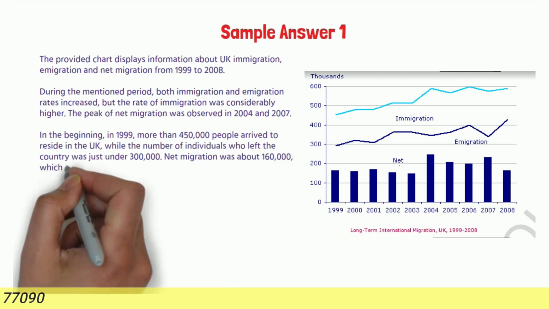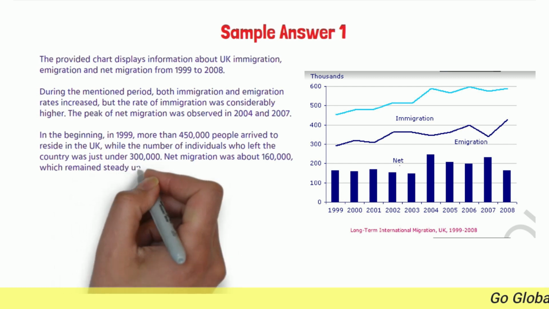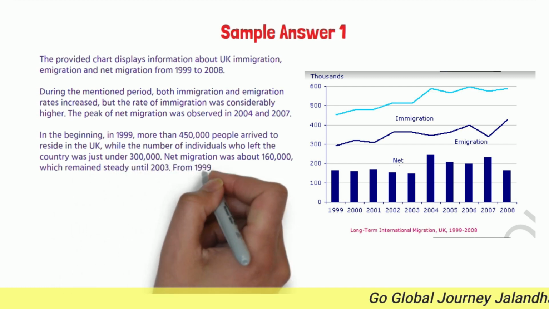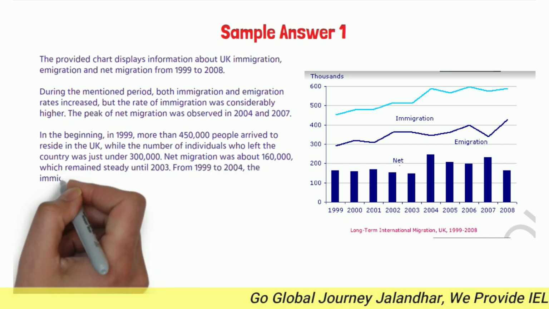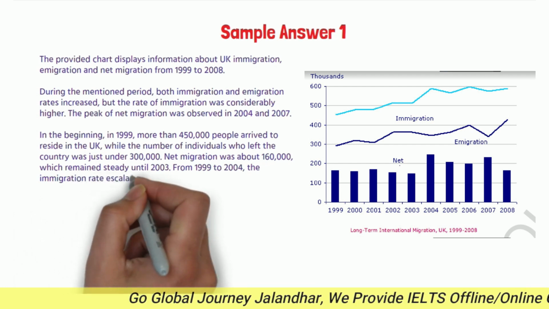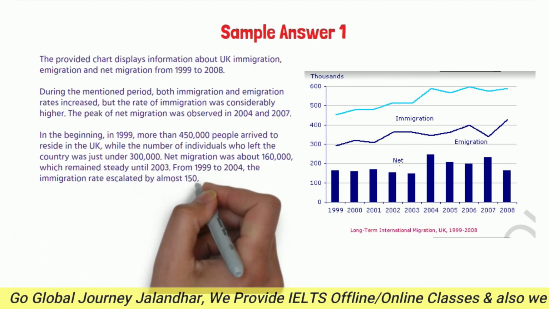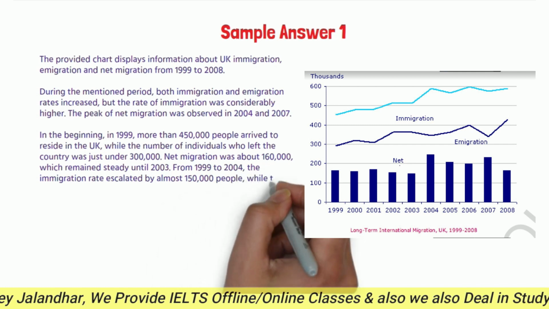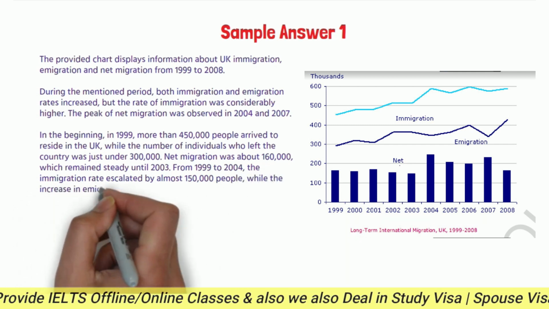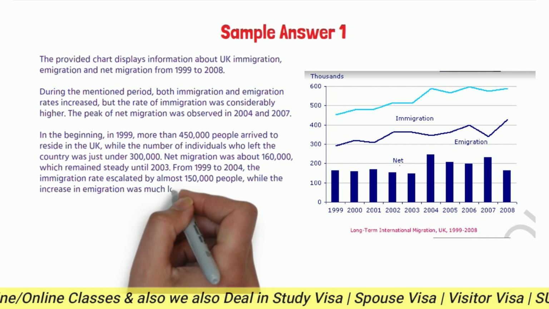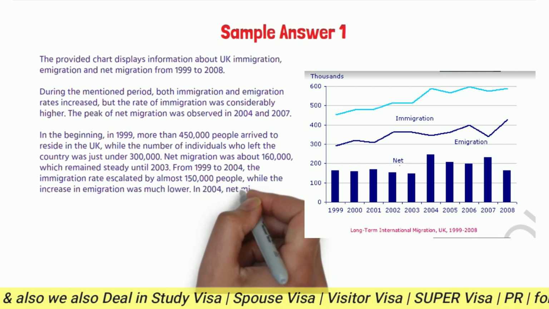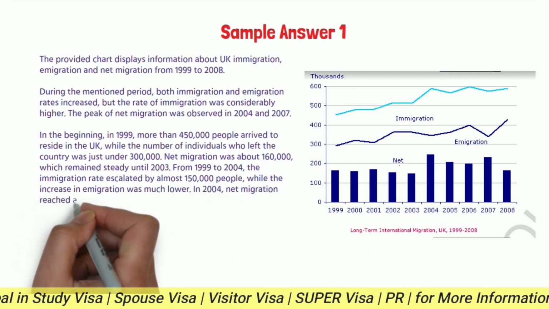From 1999 to 2004, the immigration rate escalated by almost 150,000 people, while the increase in emigration was much lower. In 2004, net migration reached almost 250,000 people.